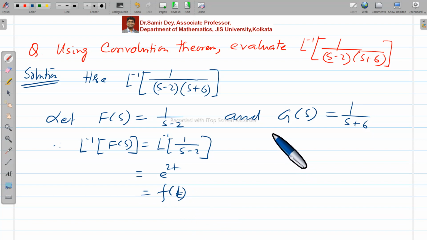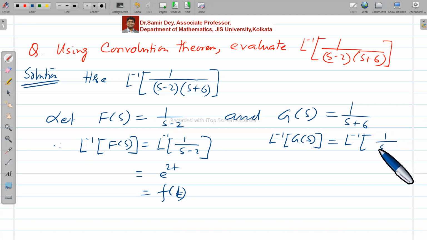And L inverse of G(s) equals L inverse of 1 by s plus 6. What is the formula? e to the power minus 6t equals g(t). Is it clear to all of you? This is the process you already know from the basic formula of inverse. So we have f(t) and g(t). Clear?